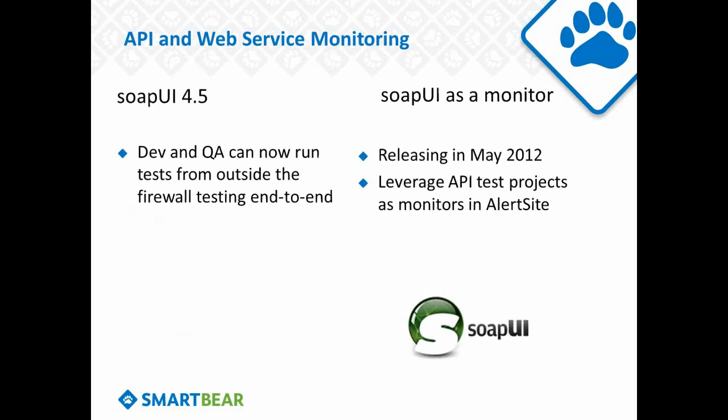So I'd like to take a minute to talk about what we've released and when that will happen. And I thought maybe it would make sense to start with a discussion about what is SOAP UI. For those of you who don't know, SOAP UI is a product developed by another one of the SmartBear business units, the SmartBear business unit from Sweden.